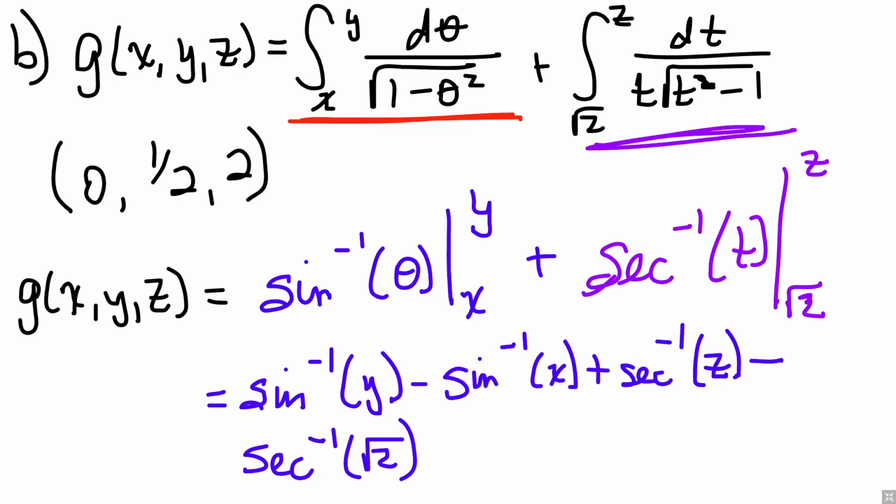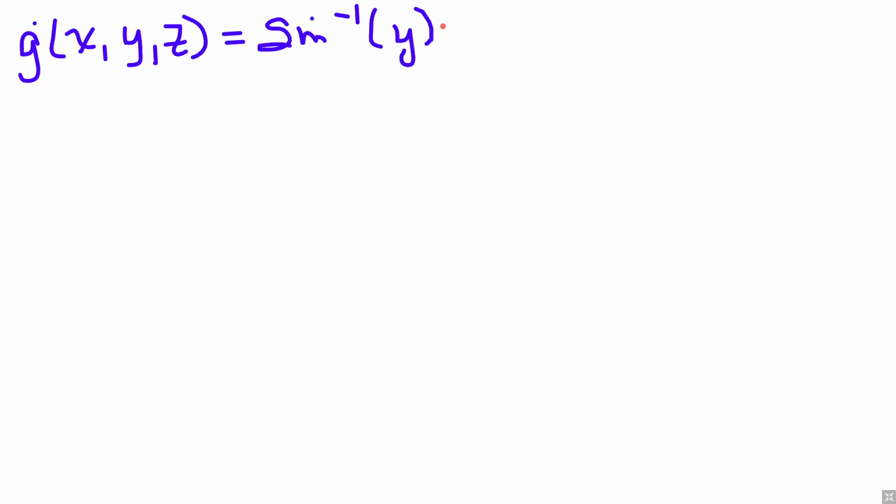So basically our function g of x, y, z is defined as this: sine inverse of y minus the sine inverse of x plus secant inverse of z minus the secant inverse of the square root of 2. What is the secant inverse of square root of 2?